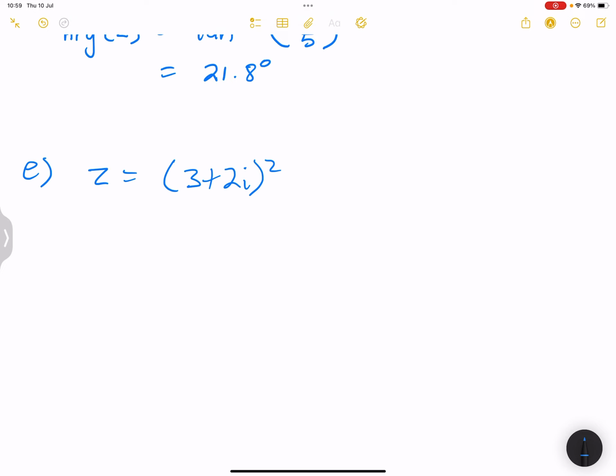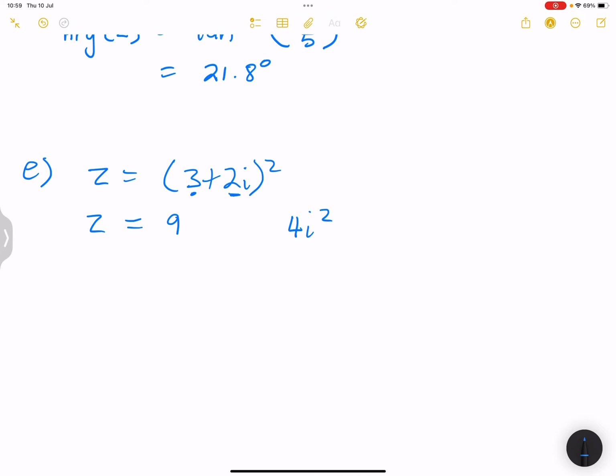Now what do we do? We know that when we square a bracket, there's an easier way of doing it. We just square the first term, that's 3 squared, that's 9. Then you square the last term, 2i squared, that would give you 4i squared.